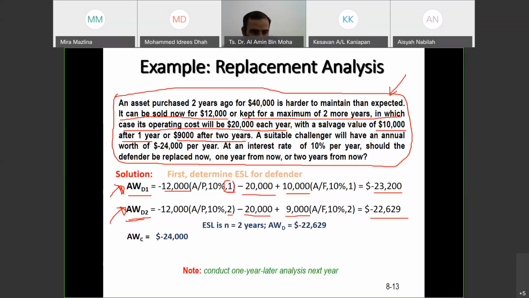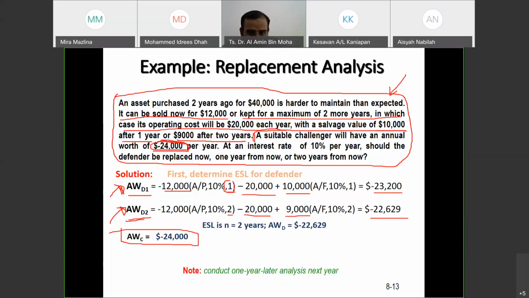So how about the challenger? They do the calculation for the challenger. We don't show the calculation here, but you can try. They got 24,000, and it's already the AW of 20,000 to 24,000.